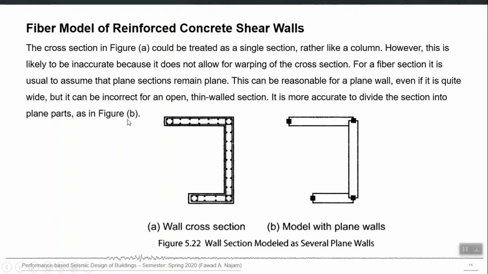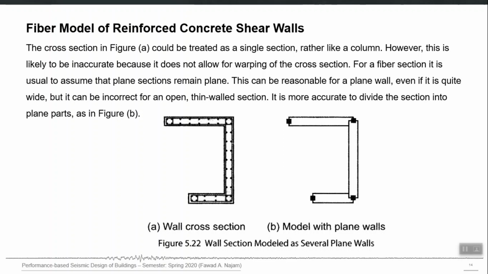So it means that logically the very first step of fiber modeling should be the definition of all stress strain curves for all materials, right? For all steel materials of different grades, you should first define a stress strain curve for steels. For all concrete materials which can be used in your columns and shear walls, you should define a stress strain curve for those concrete materials.